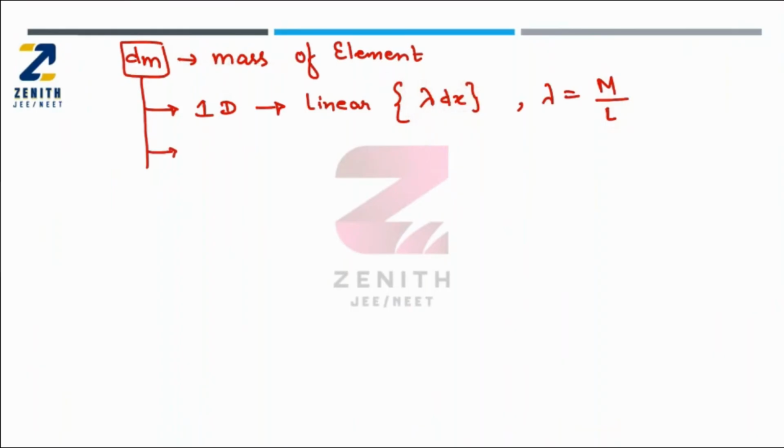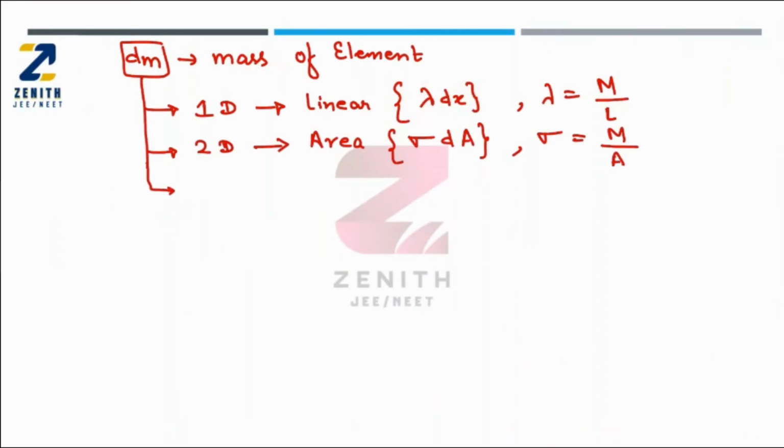Now if I talk about 2D, where you consider the area, this dm mass can be defined as sigma into dA, where sigma is the areal density, mass per unit area.